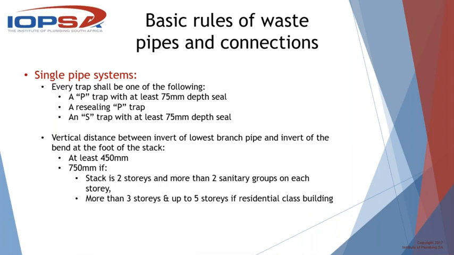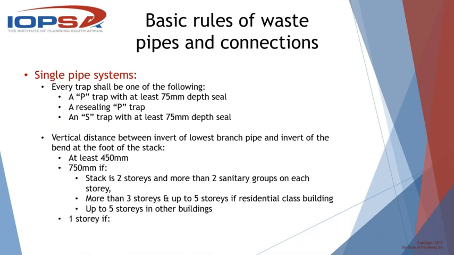Or if it is more than 3 stories and up to 5 stories in a residential class building, in other words, 4 or 5 stories, then it shall be 750, and up to 5 stories in other buildings, right? Then it's 750.